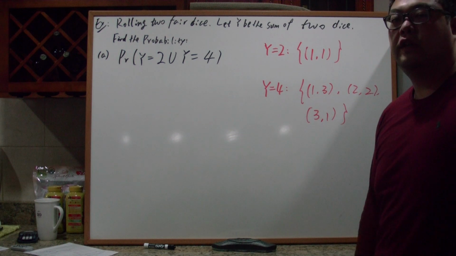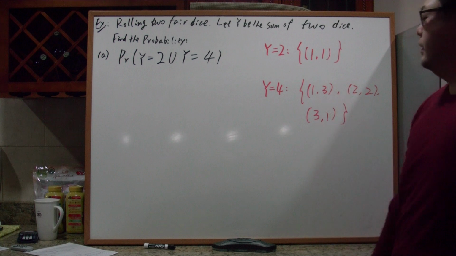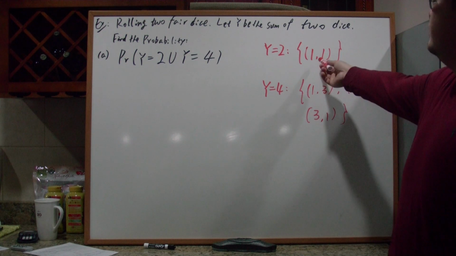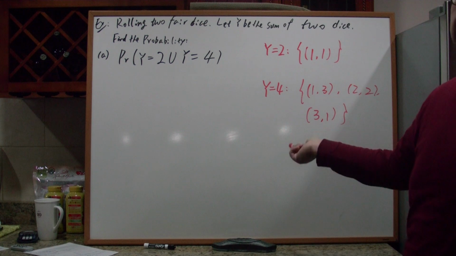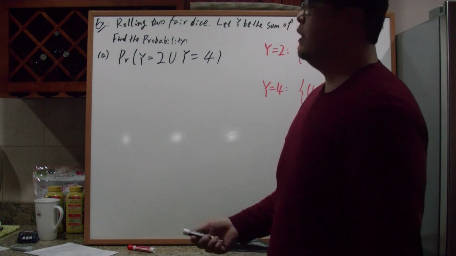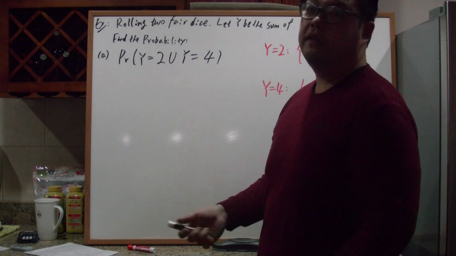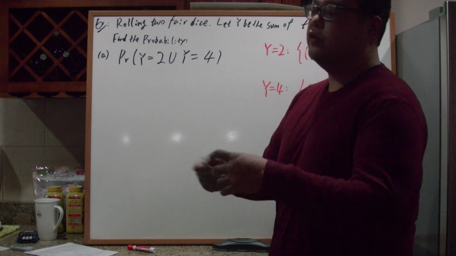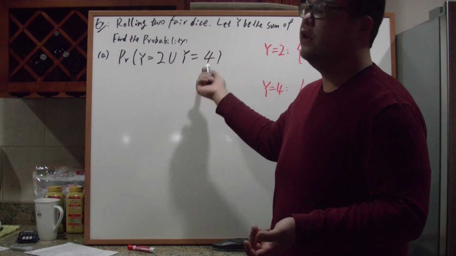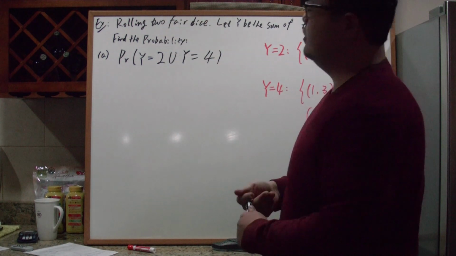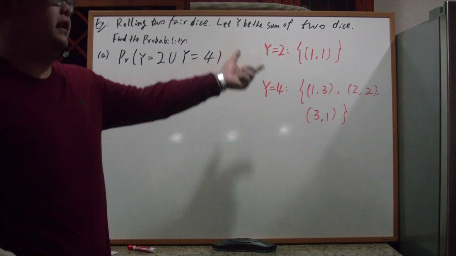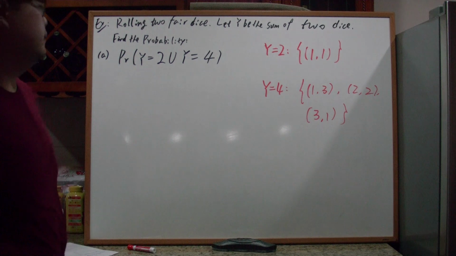That's only 3 possible ways to get the sum 4. And clearly nothing overlaps, which means, as we said in the beginning, they are disjoint. When the sum is 2, it cannot equal 4. When the sum is 4, it cannot equal 2. So when we list it out, we have verified that they cannot happen at the same time.